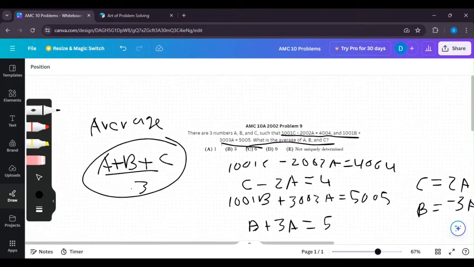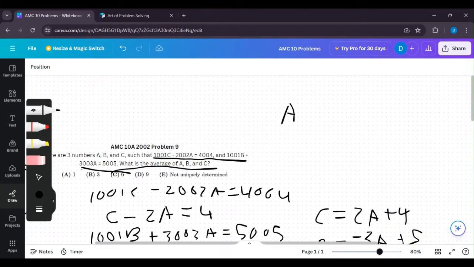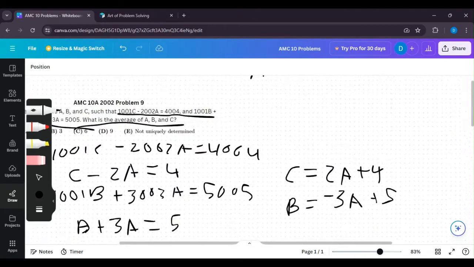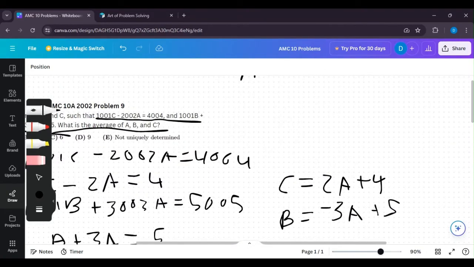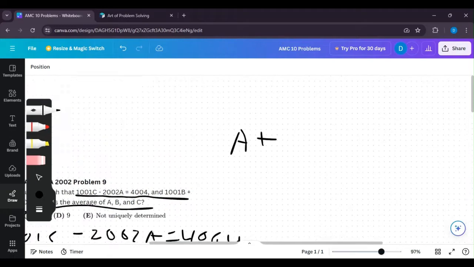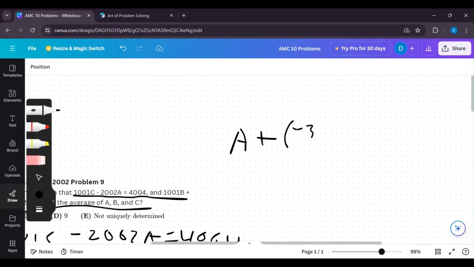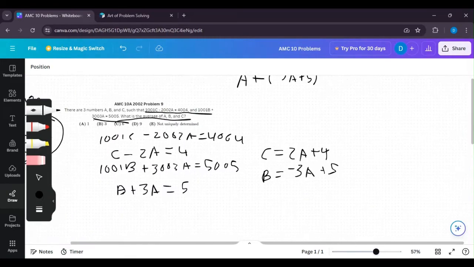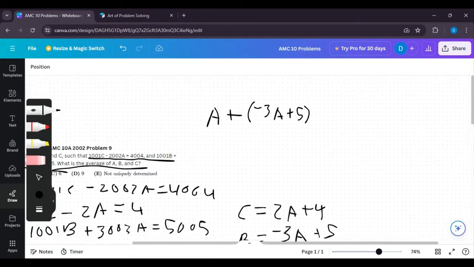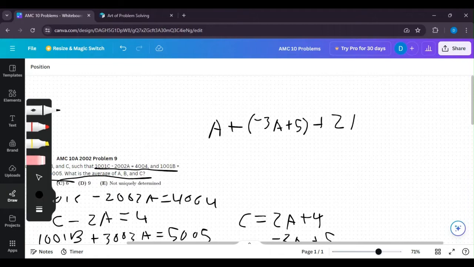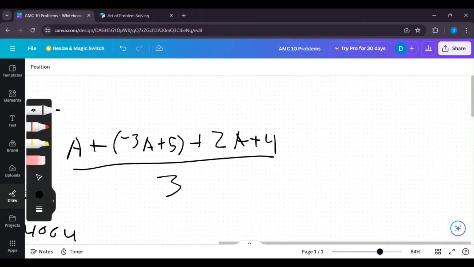So we have a, and that's just a, plus b, which can also be written as negative 3a plus 5. And we have c, which is 2a plus 4. And then we have to divide by 3 because we're going to find the average or mean.